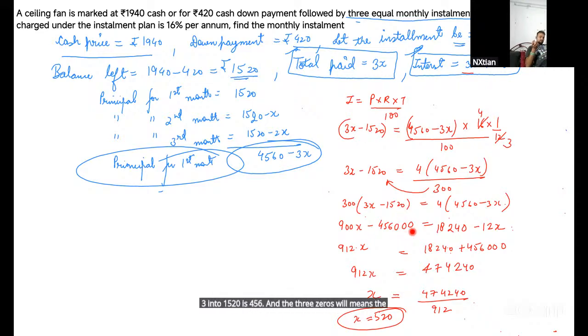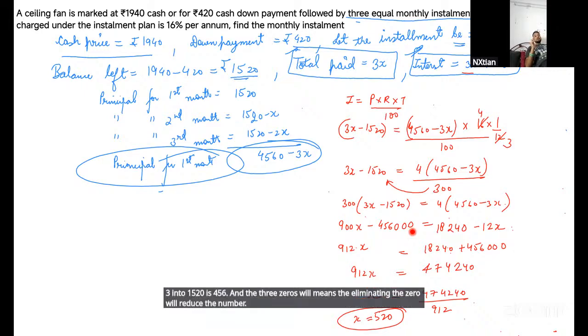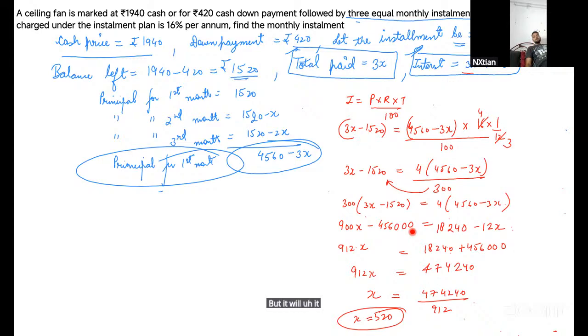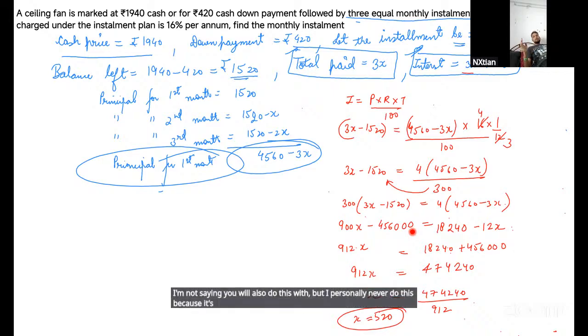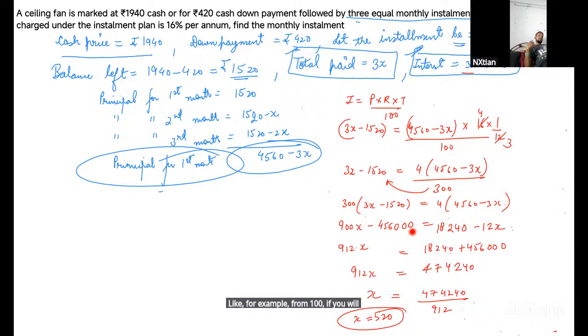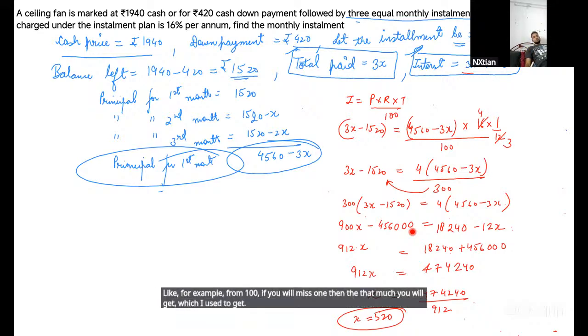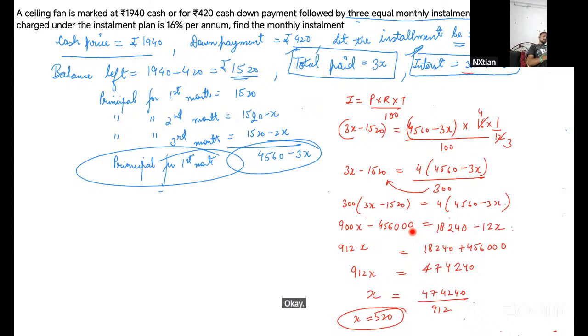Eliminating the zeros will reduce the number, but it will give a chance for wrong calculation. I'm not saying you have to do it this way, but I personally never do this, because a lot of numbers will come, and if you miss one, like from 100, then you get the wrong answer, which I used to get. Okay, so that's the problem.